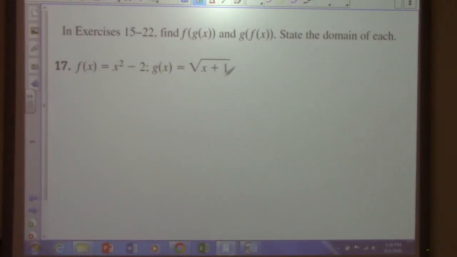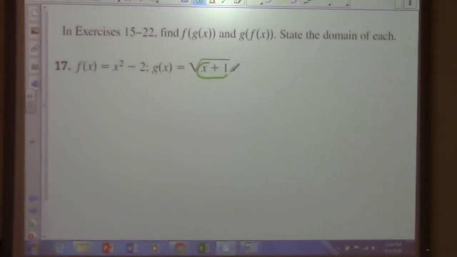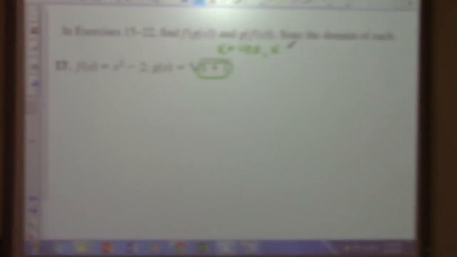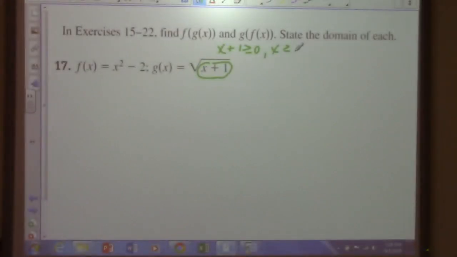That's your exclusion. So x plus 1 is what? Greater than or equal to 0. So x is going to be greater than or equal to negative 1. That's going to be for this thing right here.